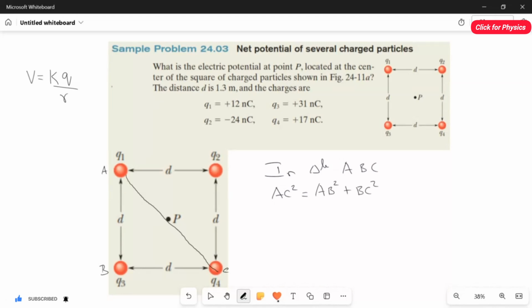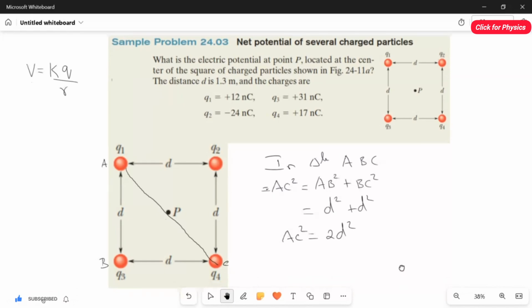So therefore, AC square equals AB square plus BC square. And here AC is nothing but the diagonal. AB as well as BC takes the value of d. So d square plus d square, which is 2d square. So this is AC square.